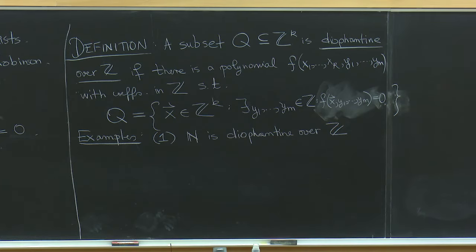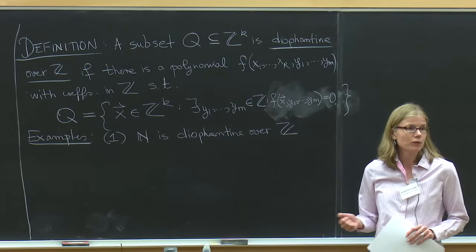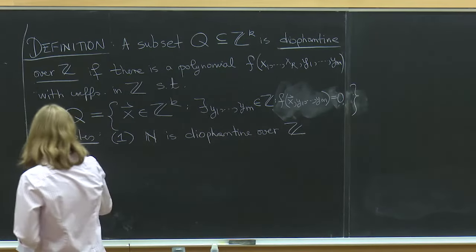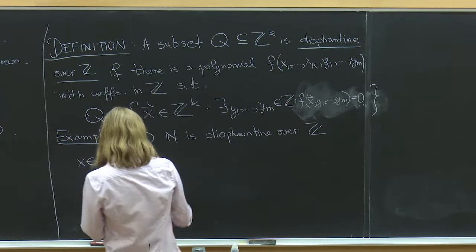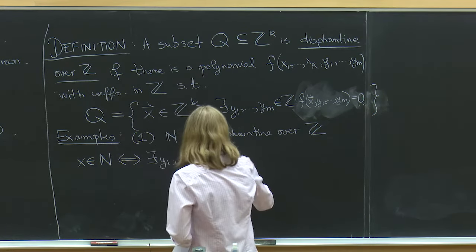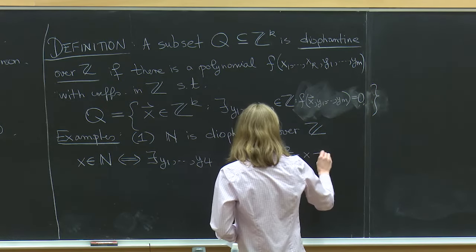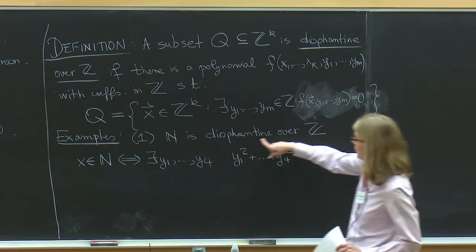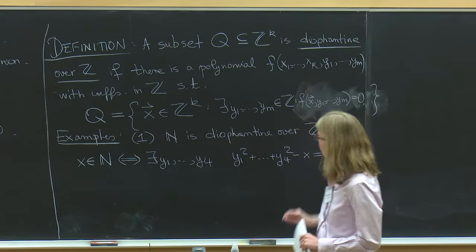Every natural number can be written as a sum of 4 squares. And of course, anything that is a sum of 4 squares must be a non-negative number. So we can just say that x is a natural number, so N is our Q here, if and only if there exist y1 through y4 such that y1 squared plus through y4 squared minus x is equal to 0. That is the Diophantine definition of the natural numbers. And this would be our polynomial in the variables x and y1 through y4. That's the f polynomial here.